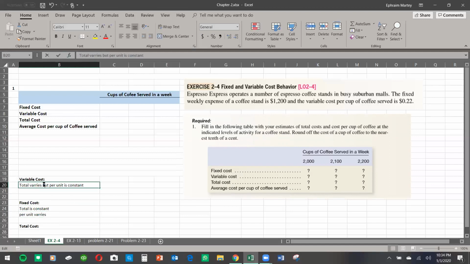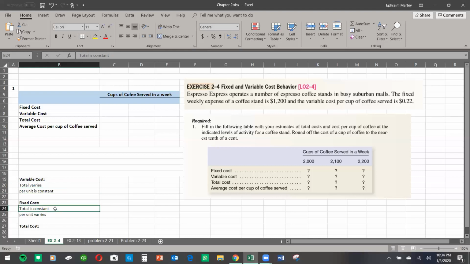Okay, so that's the difference. That's the simple difference that, if you remember, you can solve all problems. When it comes to variable cost, the total varies, changes. Per unit is constant. Per unit does not change.